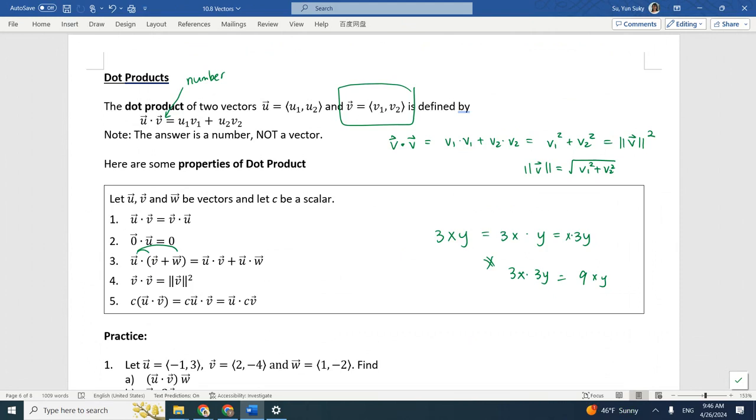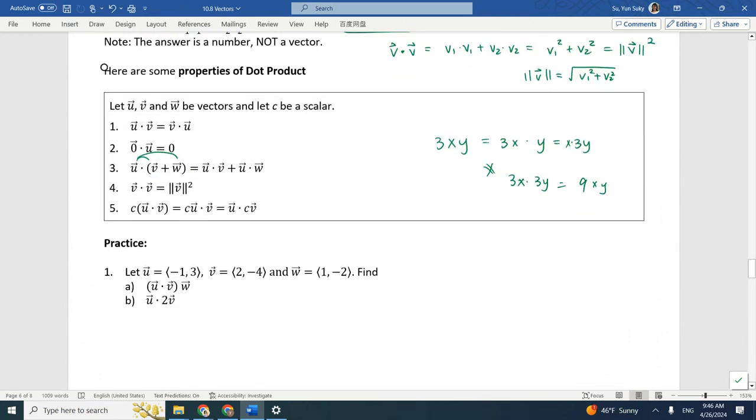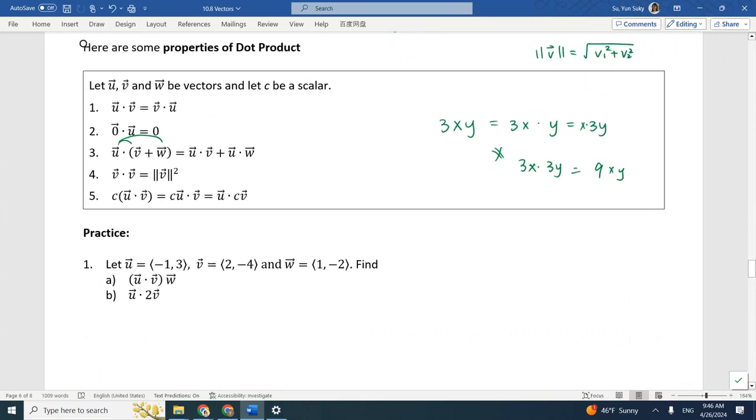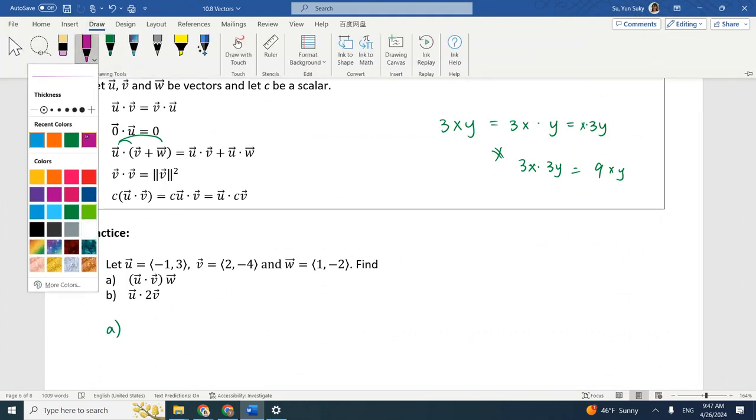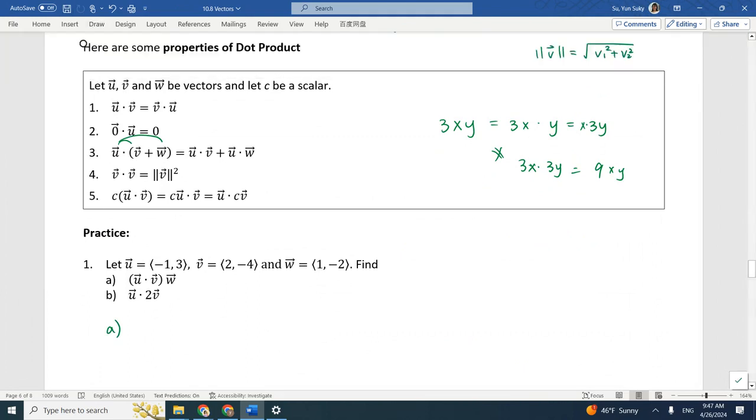Okay, so for a minute, let's do one example. Let u be the vector -1, 3, and v is this vector, and w is this vector. Okay, let's look at part A. We can consider this as 2 steps. The first step is we figure out what is u dot v, and we know this is a number. And then the next step, we multiply by w.